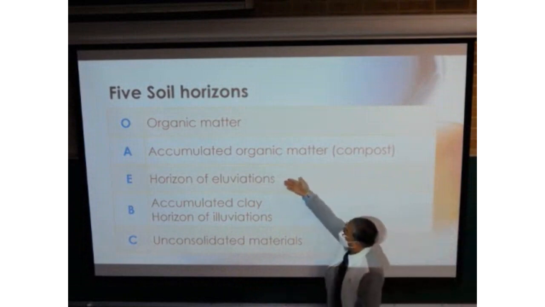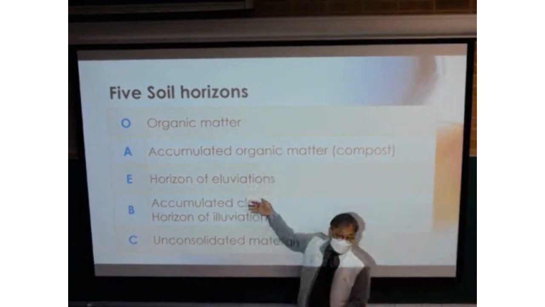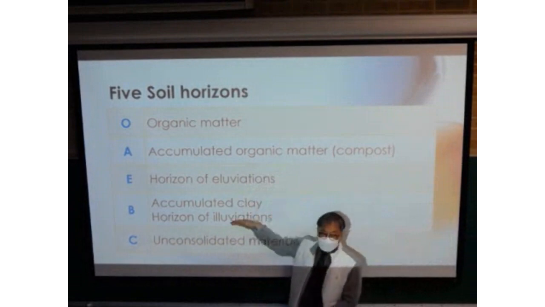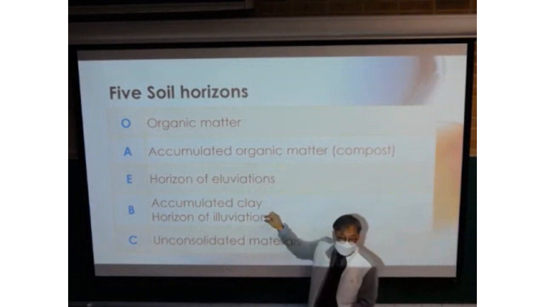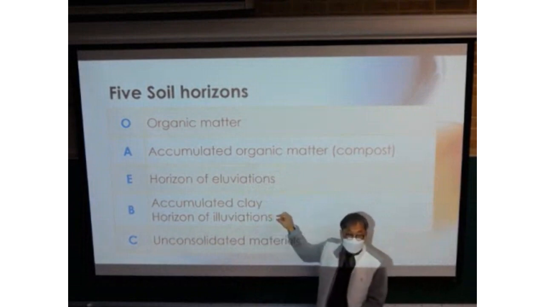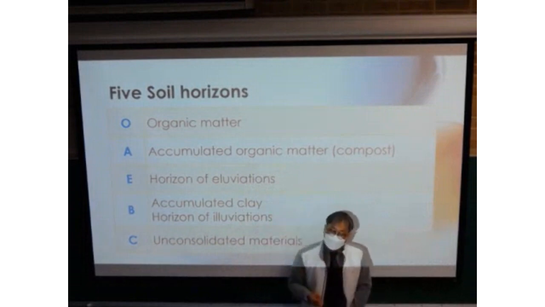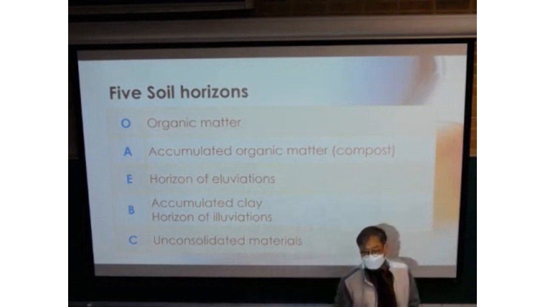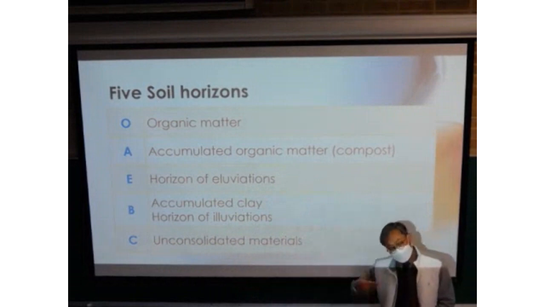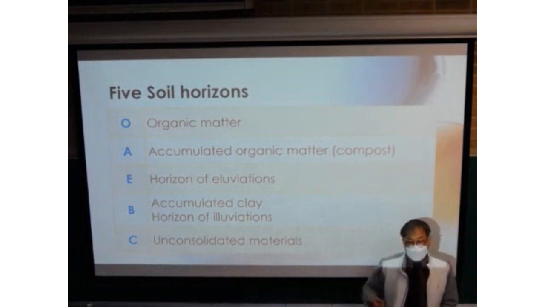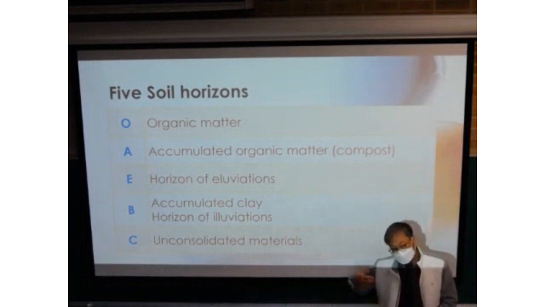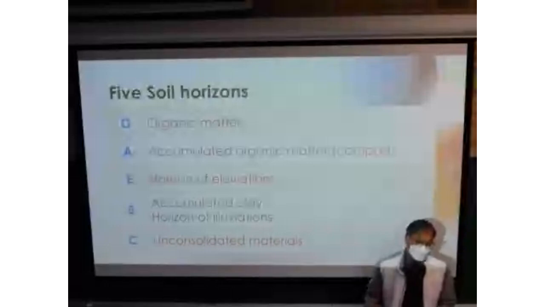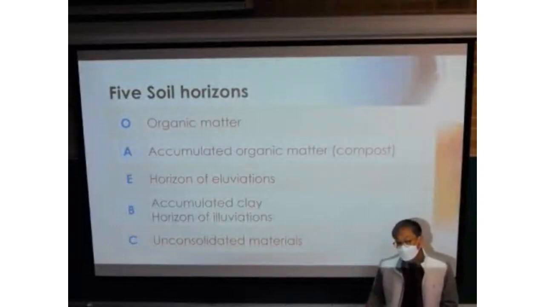And after that, what was carried out by water is going to accumulate in some area in the soil profile. Because when the water moves from the high elevation to the low elevation, the water loses power. So when the water loses power, it cannot carry the clay particles or nutrients anymore.